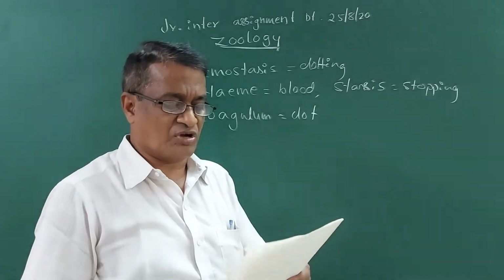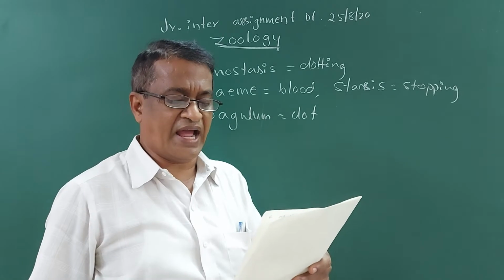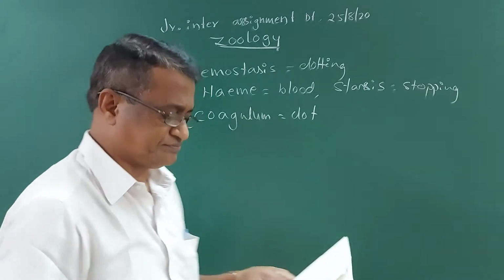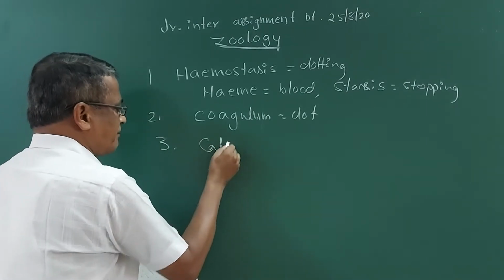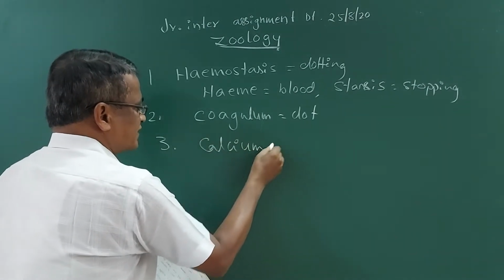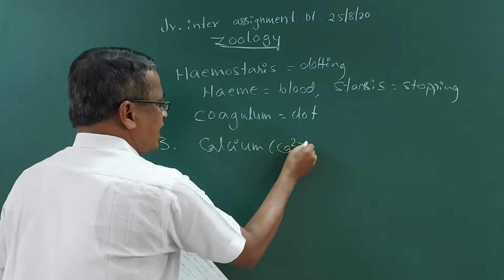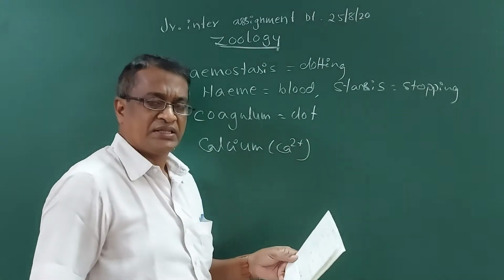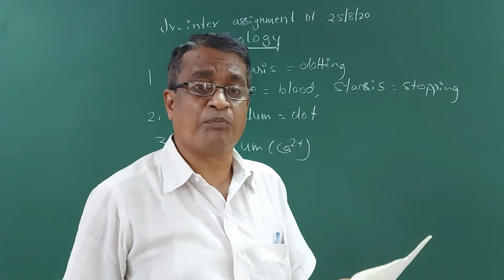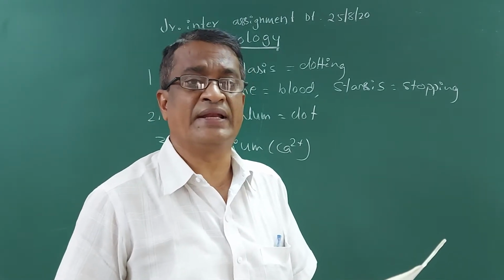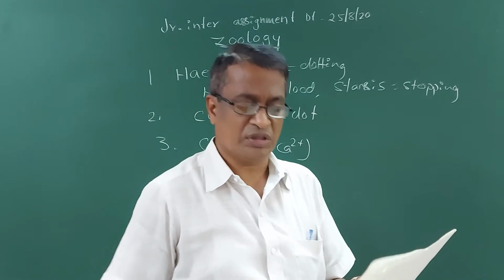Then the third question, the mineral ion needed for blood clotting. The mineral needed is calcium. These calcium ions are very important in the conversion of prothrombin into thrombin.